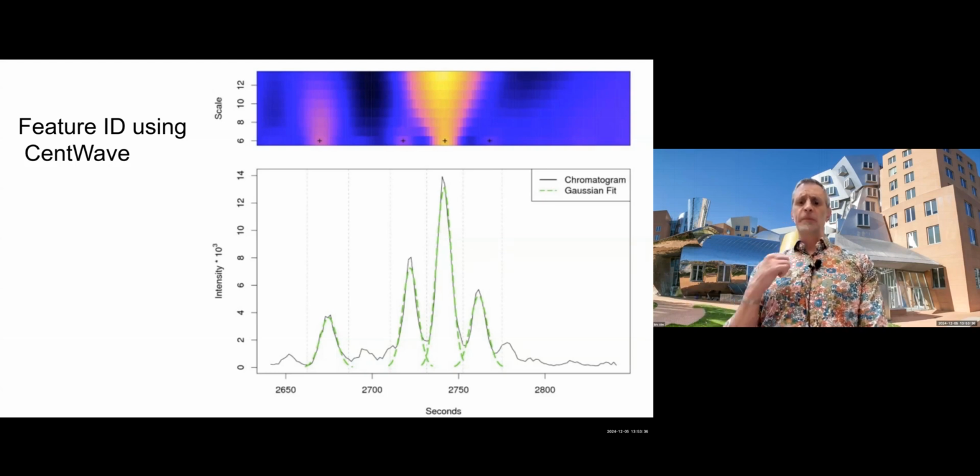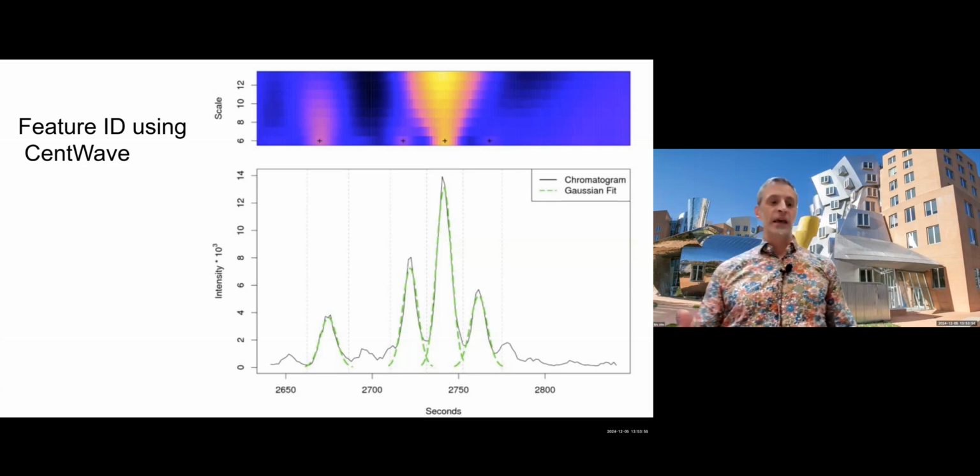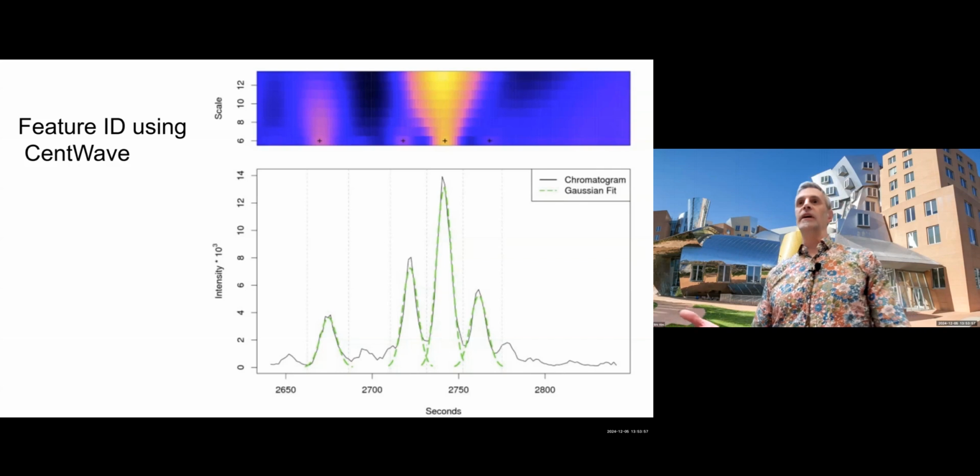So if you look at the bottom here, here's some more data, and now we're focusing in on one particular narrow window of M over Z, and we're looking at it over time. Here you can see what the raw spectrum looks like, and what the software is doing to model it.